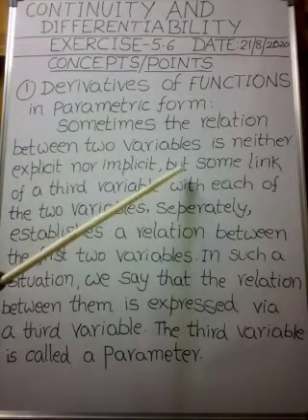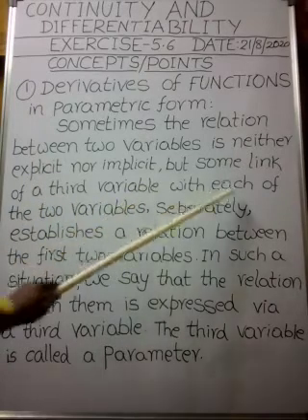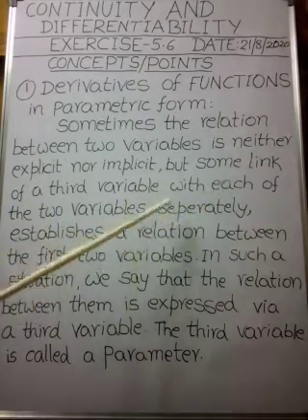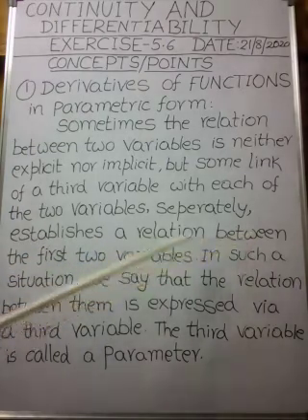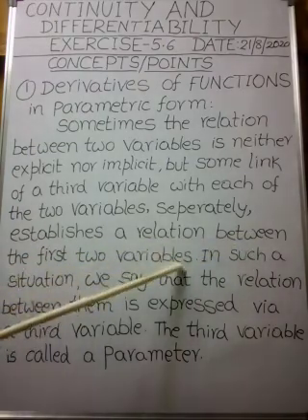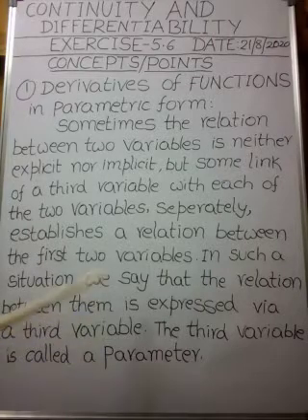But some link of a third variable with each of the two variables separately establishes a relation between the first two variables. Here, a third variable will be introduced. That third variable links the first two variables.